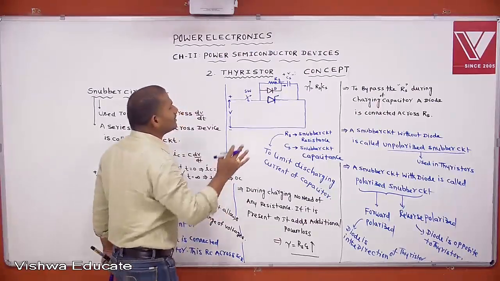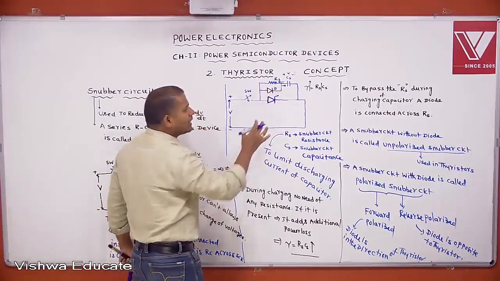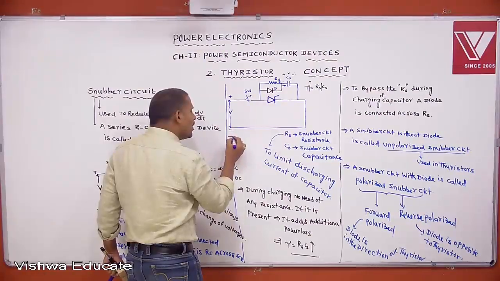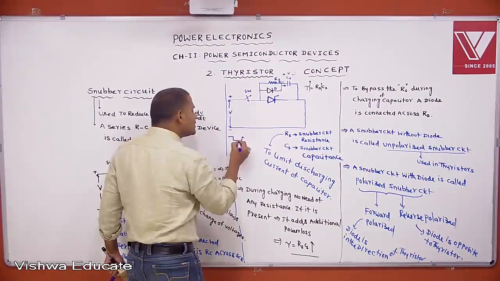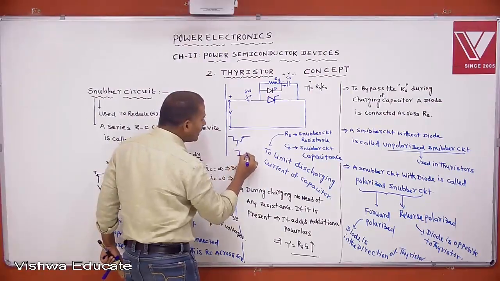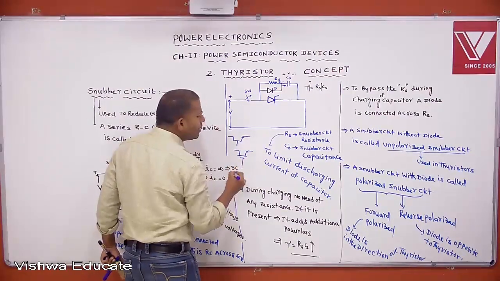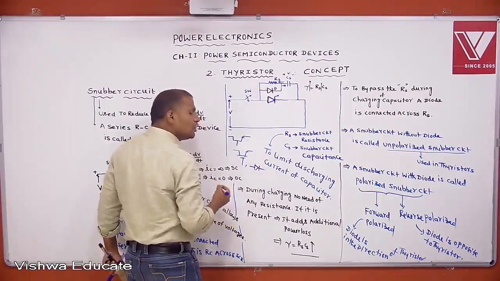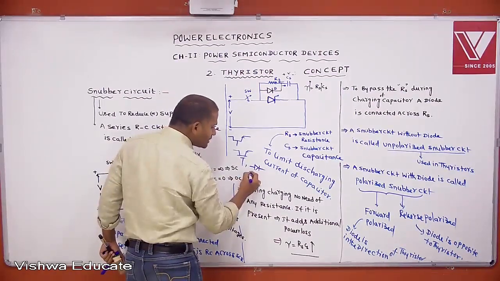But a point to remember: this snubber circuit is not only for thyristor protection. It is also used to protect the transistor, the IGBT, the diode, and the MOSFET.